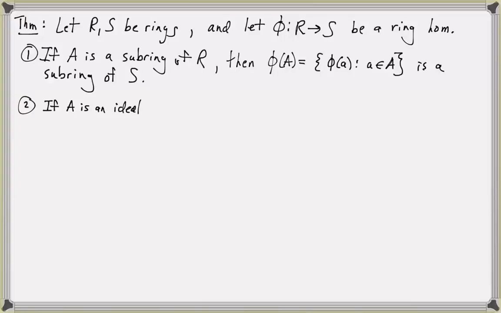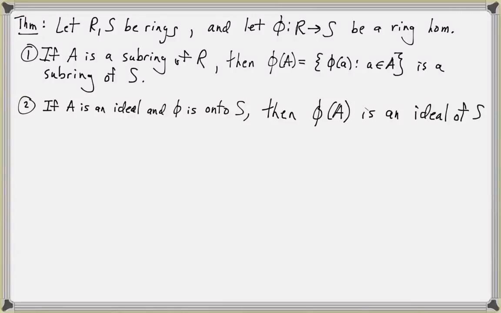So if A is an ideal and phi is onto, then we can conclude that phi of A, the image of A, is an ideal of S. So we see that if the ring homomorphism is onto, then it maps ideals to ideals. The third fact we're going to prove is that the kernel of phi is an ideal of R.